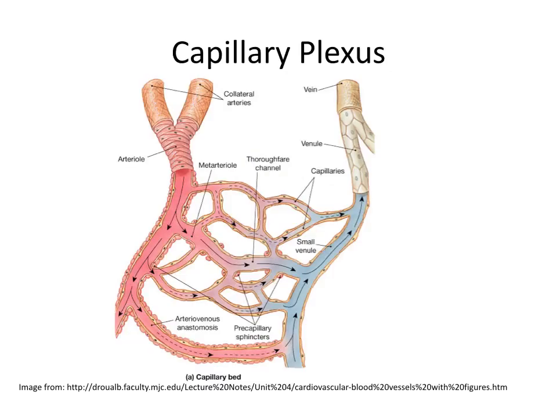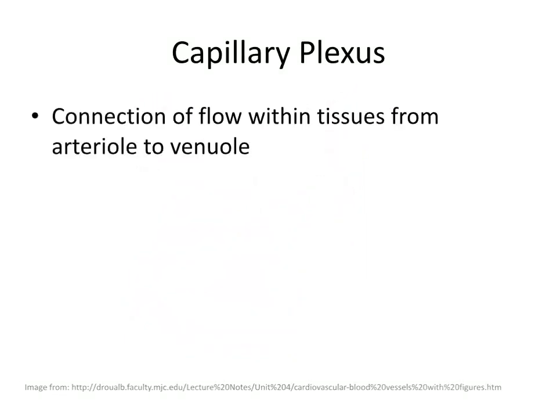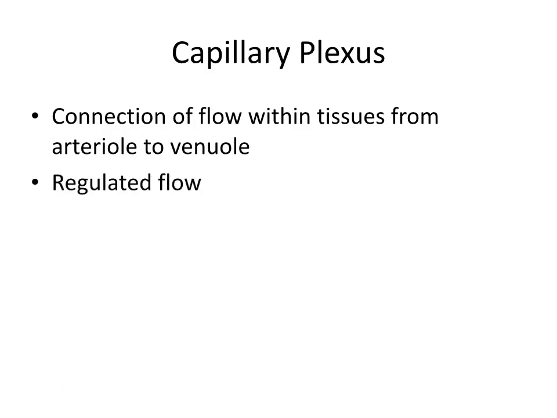In the capillary network, we usually talk about it as being a capillary plexus. The capillary plexus is the connection of blood vessels allowing for flow between the arterial and the venule side of the cardiovascular system.